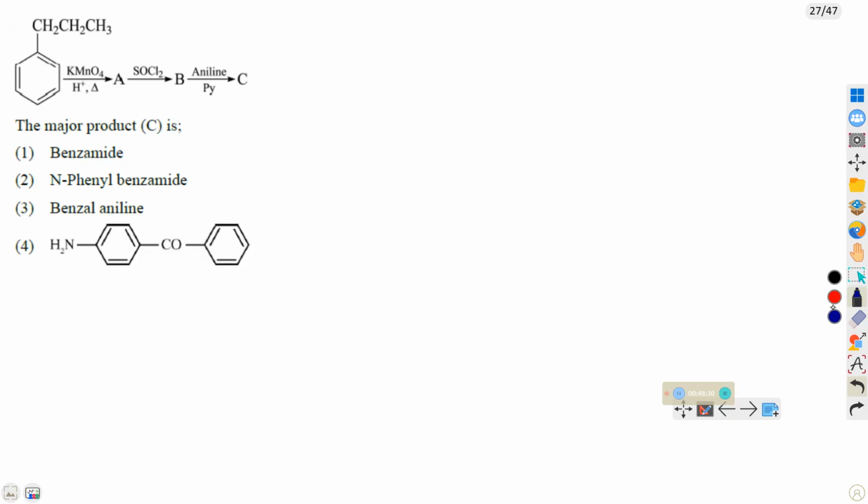First of all, reactant reacts with KMnO4/H+, then side chain oxidation takes place irrespective of carbon chain length.